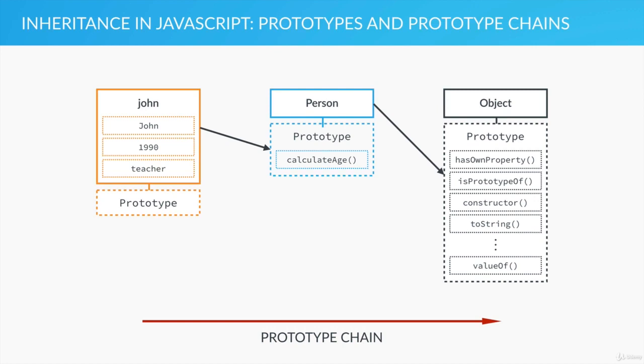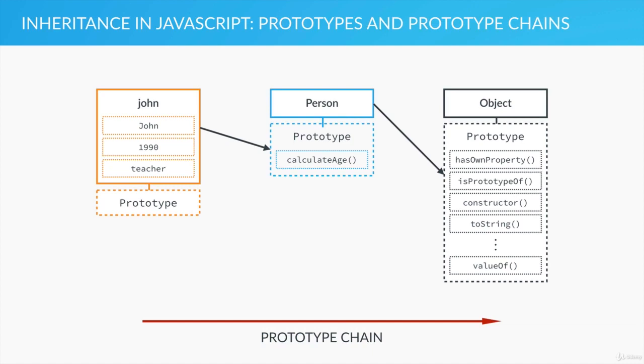And here is how it works. When we try to access a certain method or property on an object, JavaScript will first try to find that method on that exact object. But if it cannot find it, it will look in the object's prototype, which is the prototype property of its parent. So it moves up in the prototype chain.